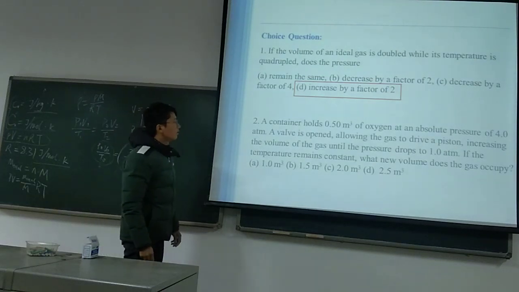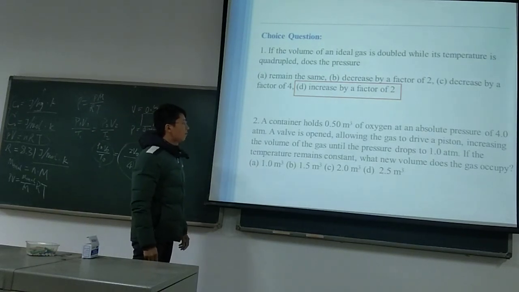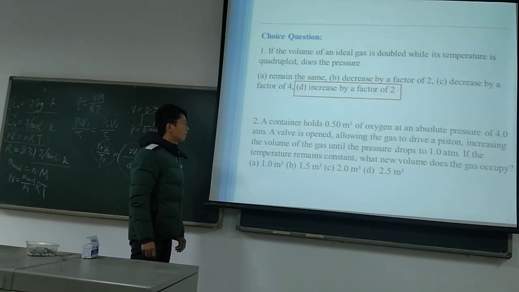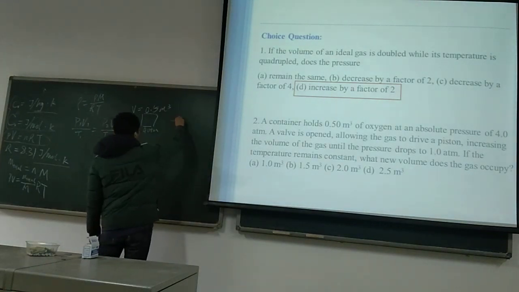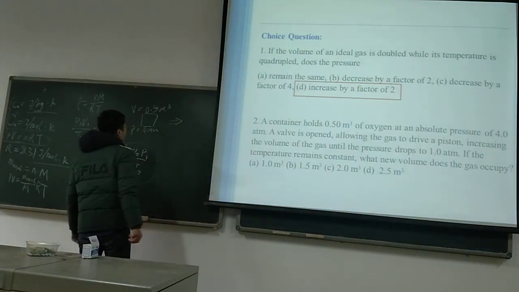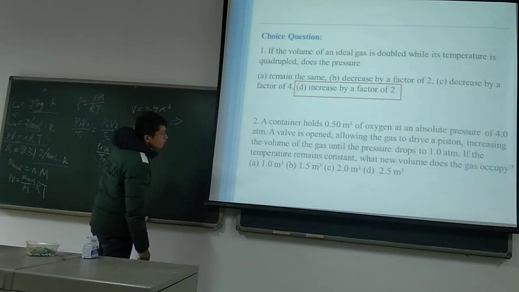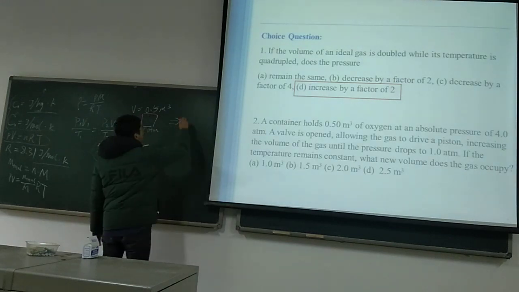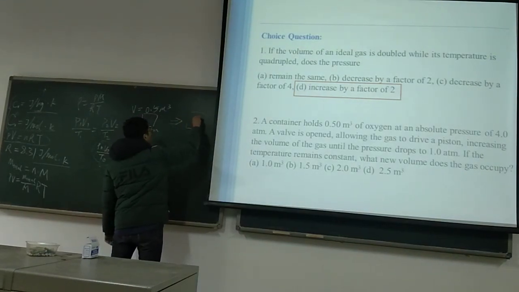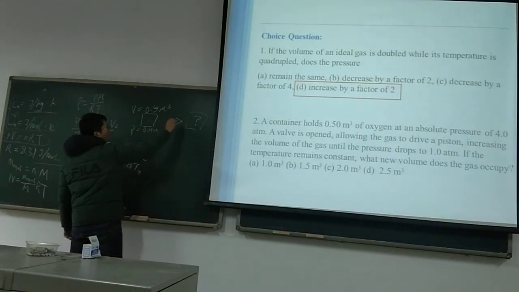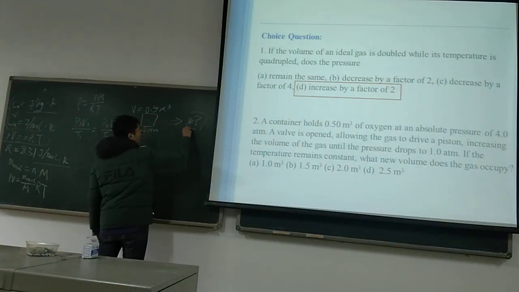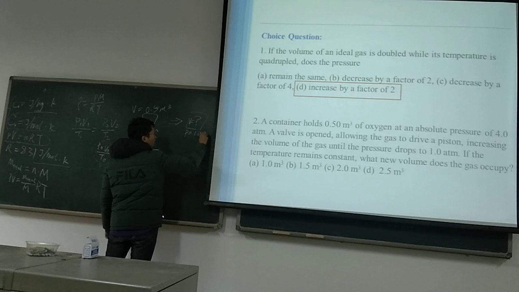The valve is opened, allowing the gas to drive a piston, increasing the volume of the gas until the pressure drops to 1 atm. Before the variation, the volume increases and the pressure drops to 1 atm.